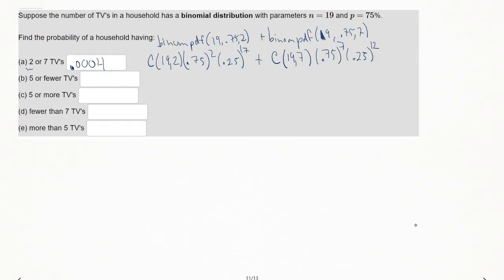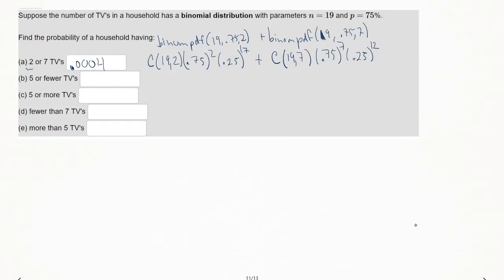The way we can go about doing this, we could do binom PDF with 19, 0.75, 0, then binom PDF 19, 0.75, 1, plus binom PDF 19, 0.75, 2, and so on all the way to binom PDF 19, 0.75, 5, adding all those up.